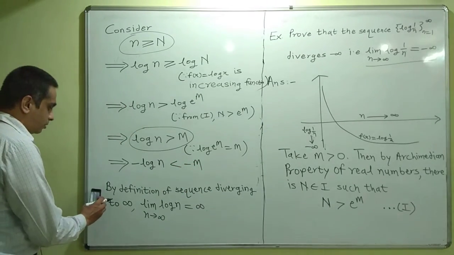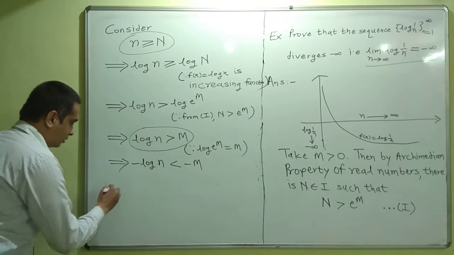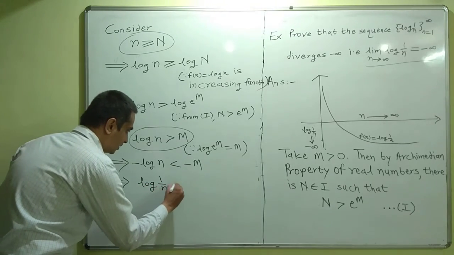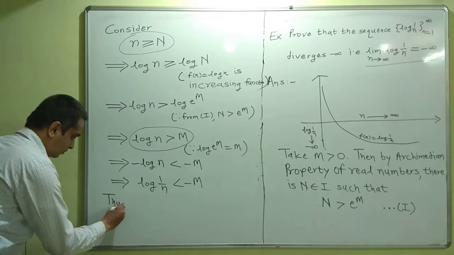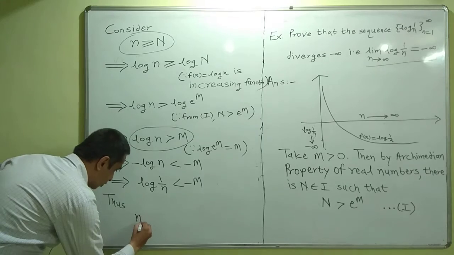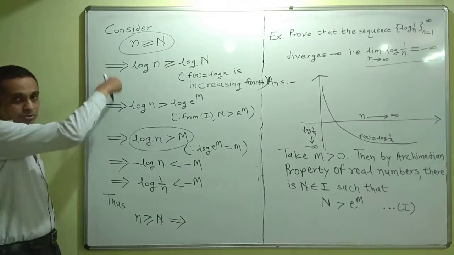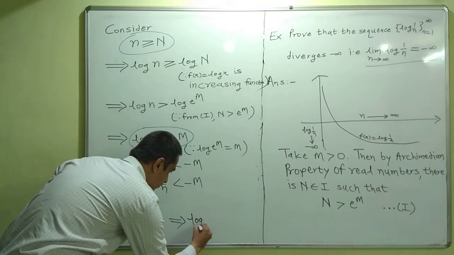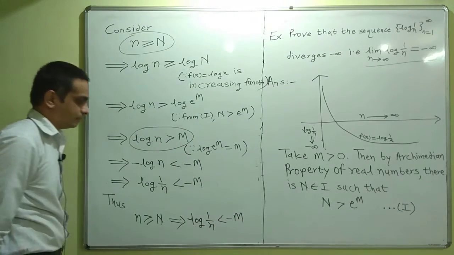But what is minus log n? It is nothing but log of 1 by n, which is less than minus m. Thus what did we prove? We began with n greater than or equal to N, and after this sequence of arguments we obtained that log of 1 by n is less than minus m.